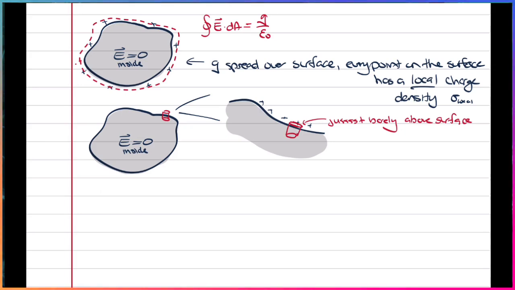Now again, the charges are stationary, which means that E net is 0 along the surface. Just above the surface, you're going from conductor to air, or conductor to some other material. The charges on a conductor can very easily move around on the conductor.